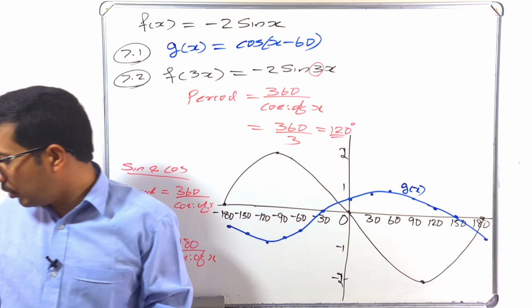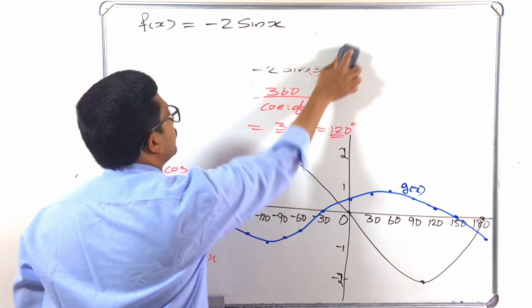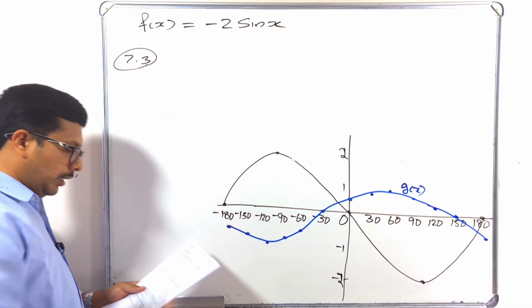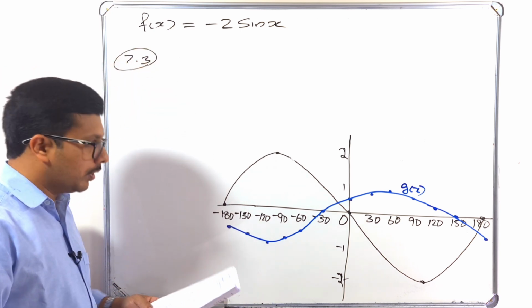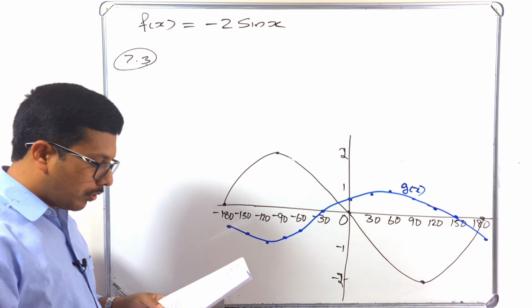Now let's move to question number 7.3. Okay, question number 7.3. What is that question? Use the graph. That means we have to use this graph. Use the graph to determine the values of x.